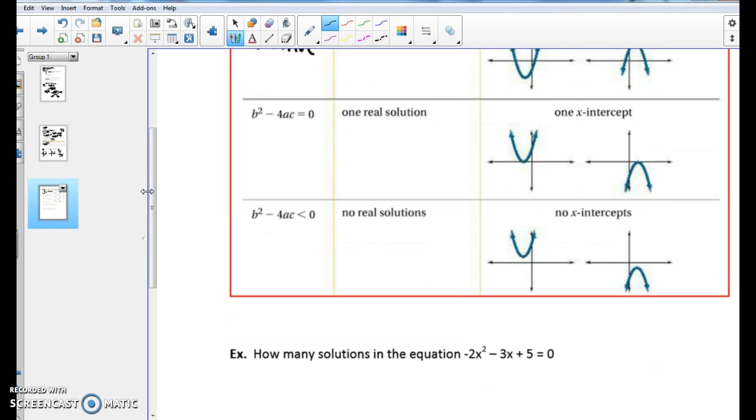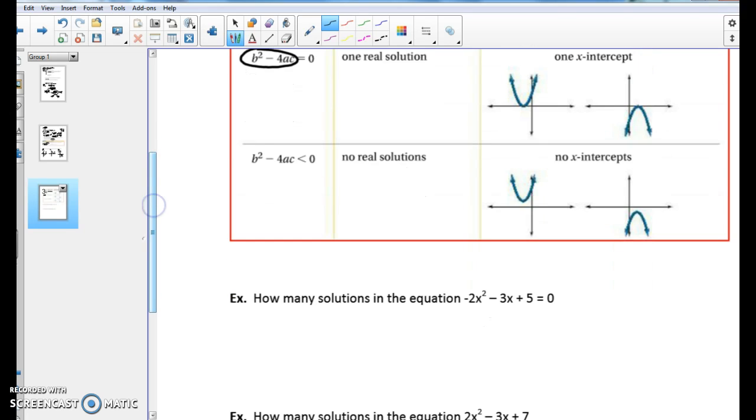If the discriminant, b squared minus 4ac, equals 0, that gives us one real solution. In that case, the graph has one x-intercept. And finally, if the discriminant value is less than 0, if it is negative, then there are no real solutions, okay? So there are no x-intercepts.